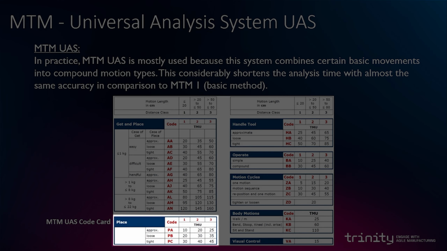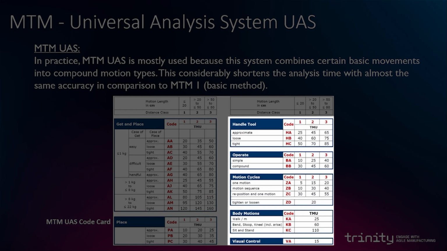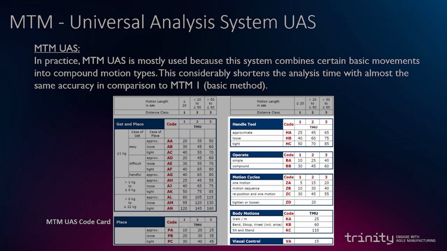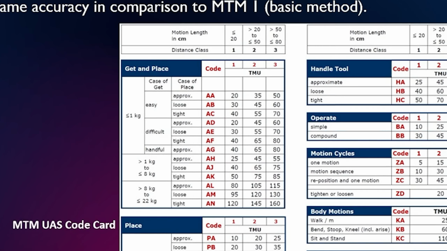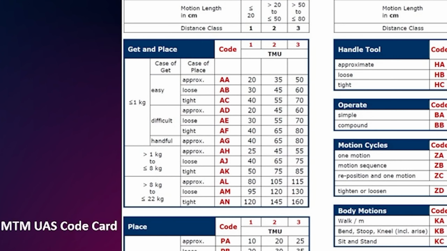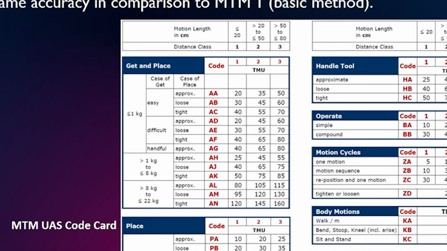The second one is for additional place, handling tools, and so on, up to visual control. And here, for example, the columns. The first one means the distance for reach and bring, 0 up to 20 centimeters. The second column means between 20 and 50 centimeters, and so on.